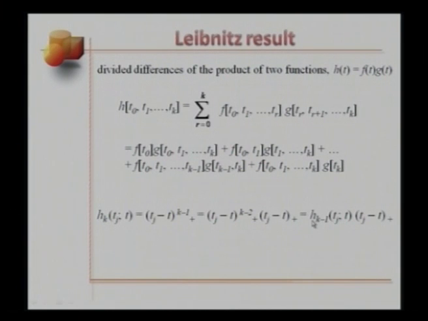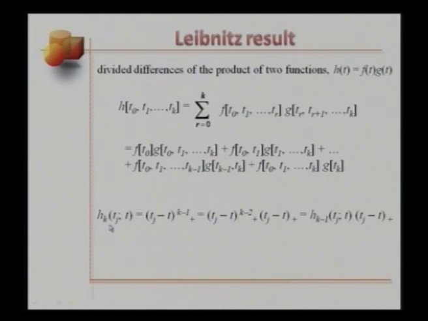I write this as h sub k minus 1 (t_j : t) times (t_j minus t) truncated. Try to relate this h with this h here. K is a subscript introduced simply to denote the order of the truncated function. So the degree is k minus 1, the order is k, which is represented by the subscript.